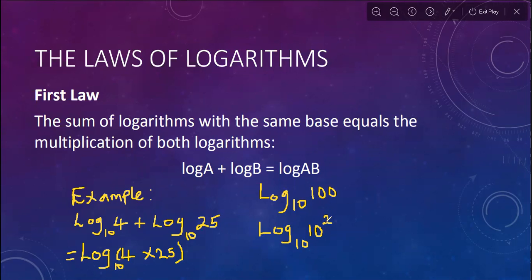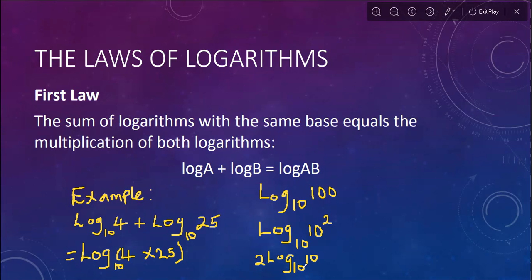Then we are going to apply the power law, which we will talk about later. This power will multiply the log, so we should have 2 log 10 in base 10. Now the logarithm of any number to its own base is 1.